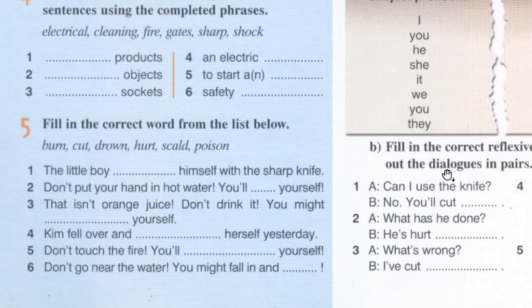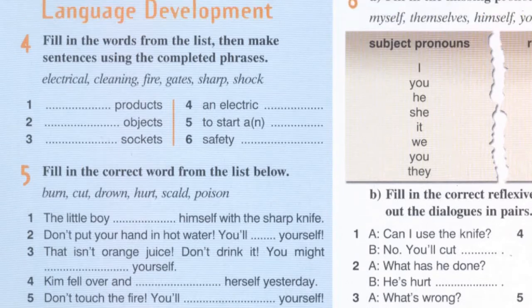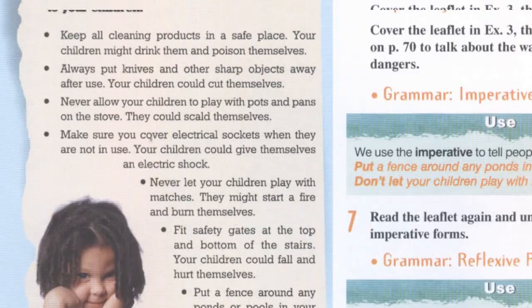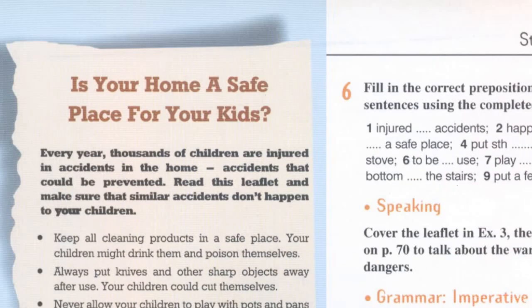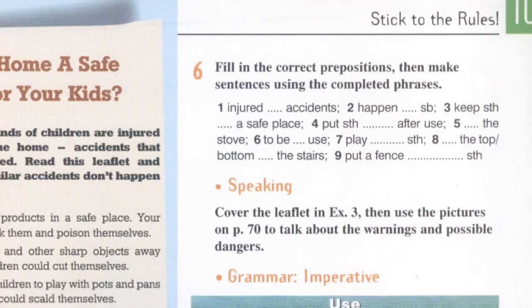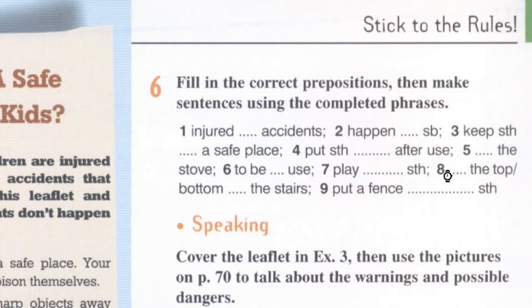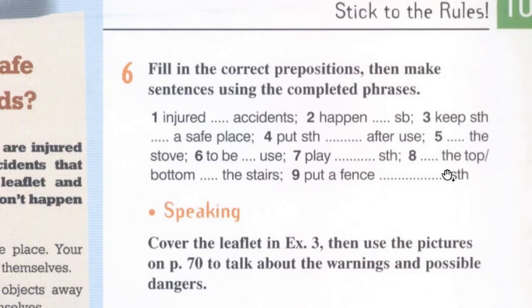If you need any help, consult a dictionary. You need to have a good dictionary. English-Mongolian if you are a little bit weaker, English-English if you are confident. Okay, so we're not completed yet.